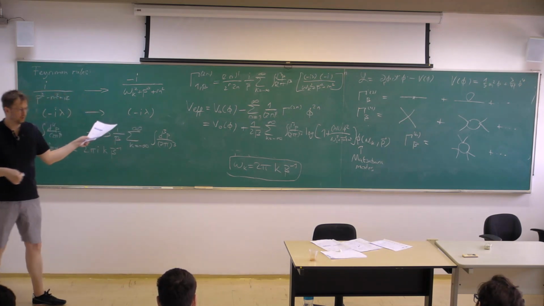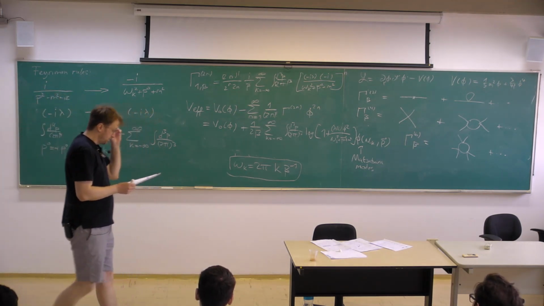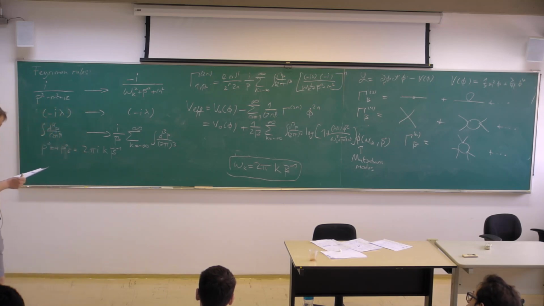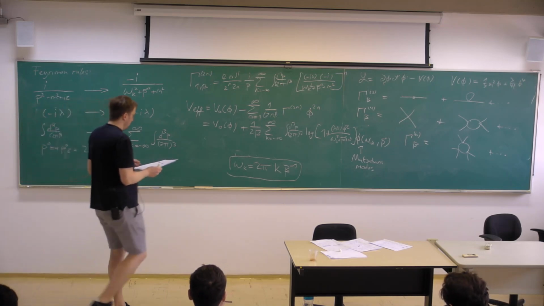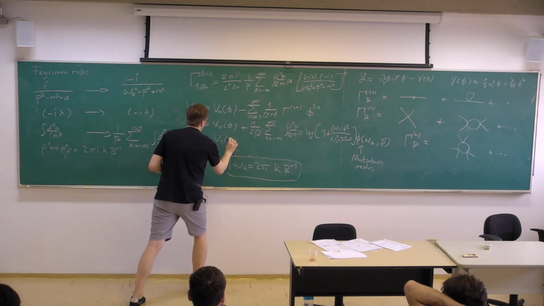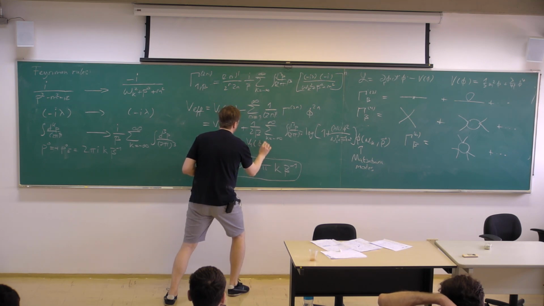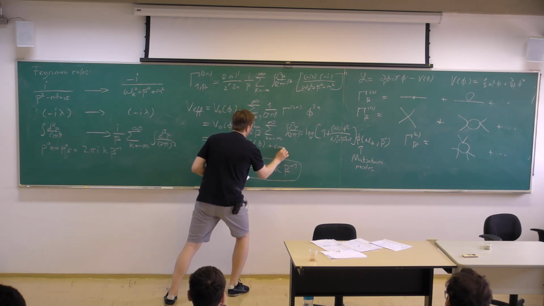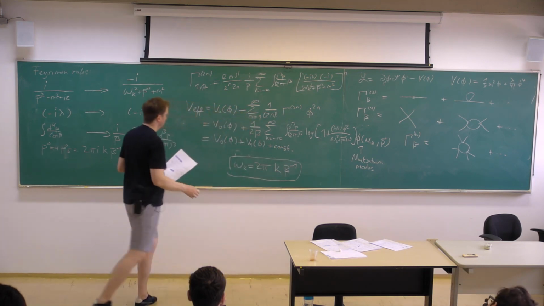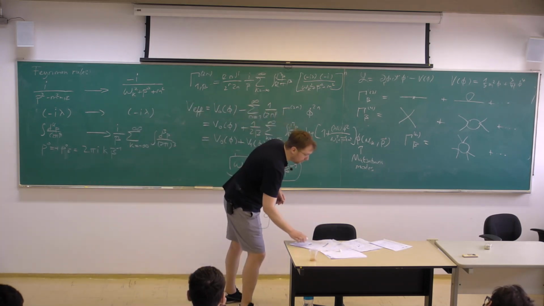I guess you probably remember, I'm doing the same as before, so not much changed, except for some details. Now I can write this as V0 of phi plus the one loop contribution, let me call it V1 of phi, and then there's some constant that does not depend on phi and that I don't care about.